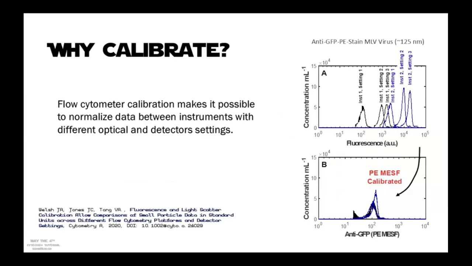Whereas if we calibrate that data to the number of PE molecules that were stained on that virus sample, you can see that now all of those populations are overlapping. So we've removed the hardware-dependent variability, which is a great way to report data because it's now agnostic of the instrument platform.